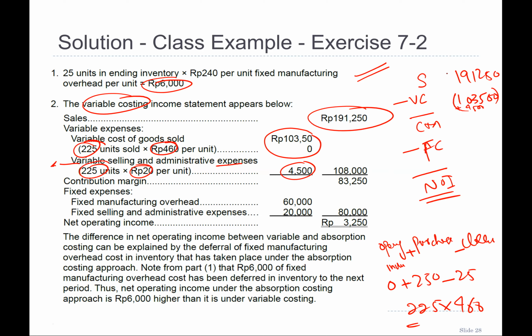So when you take sales minus all variable cost, you would find out the CM is 83,250, right? Are you getting my point, everyone?